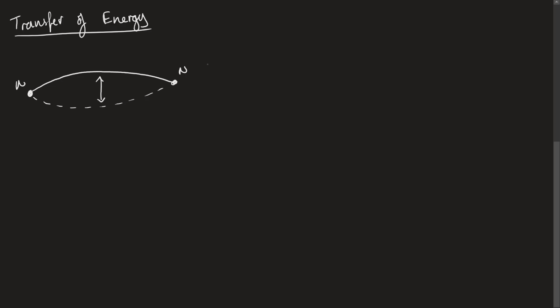But what we can also say is that the amplitude is the measure of the power. So the power is still proportional to the amplitude squared, which means the amplitude is where we're actually transferring energy.